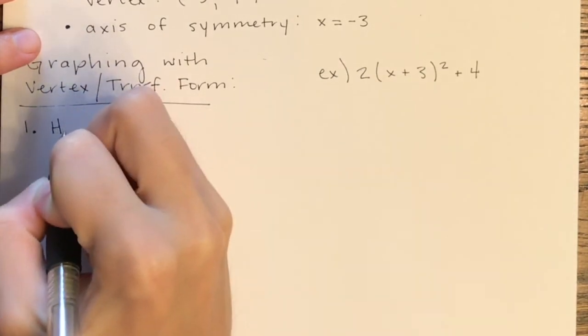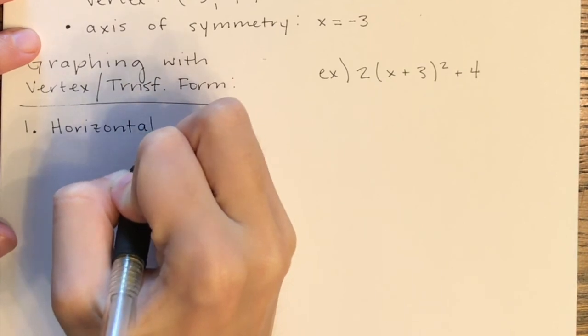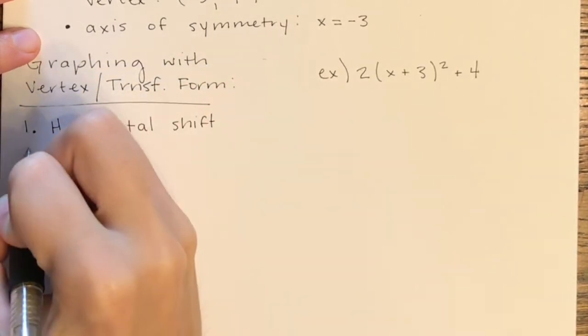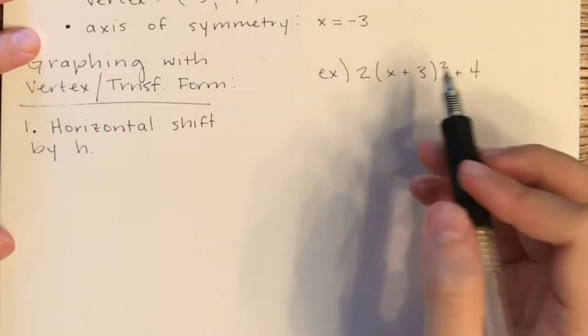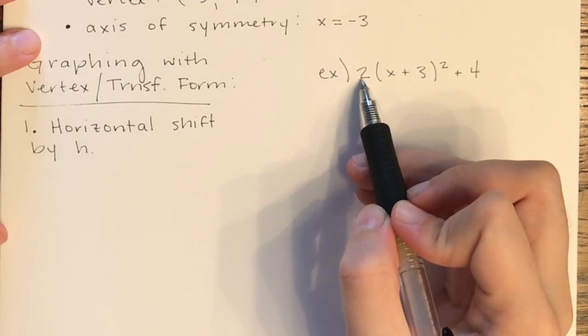So we have a horizontal shift by h. Next, in terms of our order of operations, is multiplication, right?